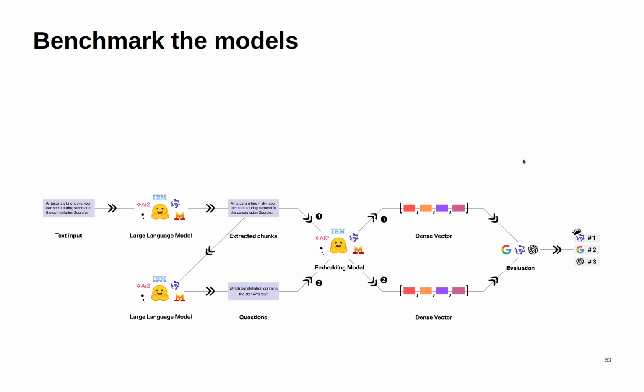Here is the updated pipeline. In the previous step, we were here. We generated the dense vectors for the text chunks and the questions. And now in the evaluation step, we take those as input and output a ranking of the models. So for example, in our case, as you saw in the table, we have 7 models, and in the end, we will have a ranking that will rank those models.